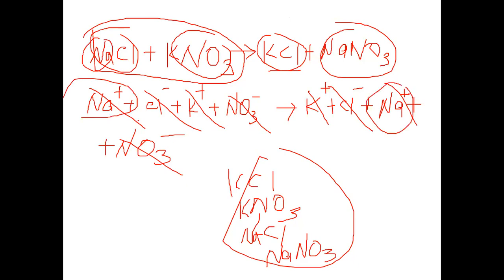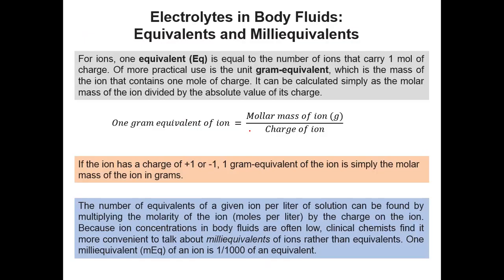We don't know exactly what is NaCl or NaNO3, but we can calculate the overall number of Na plus. It means that we can calculate how many moles of Na plus we have. Because of that, there is a parameter called equivalent, which is just equal to the number of ions that carry 1 mole of charge. So if we have 1 mole of sodium, it means that we have 1 equivalent of sodium ions.